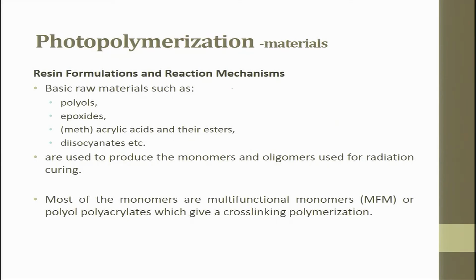The resin formulation and reaction mechanism: the basic raw materials such as polyols, epoxy, diols and acrylic acid and other esters, isocyanates etc. are used to produce monomers and oligomers used for the radiation curing. Most of the monomers are multifunctional monomers, MFM, or polyol polyacrylates, which give a cross-linking polymerization.